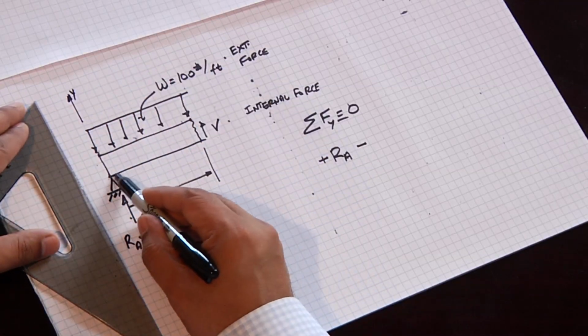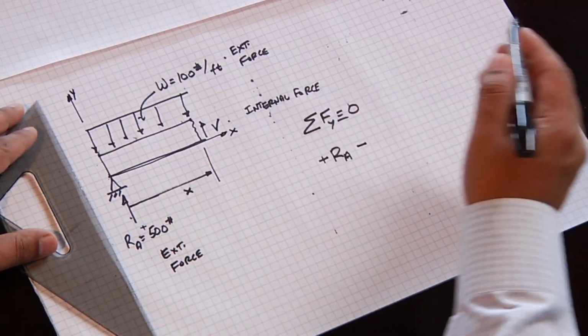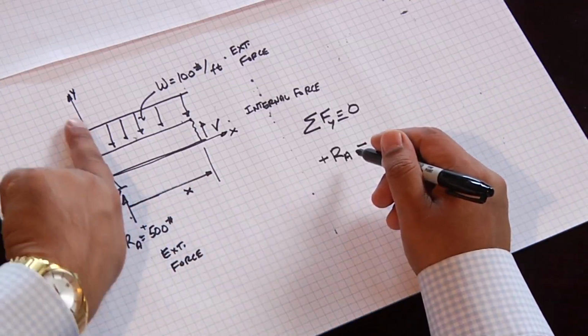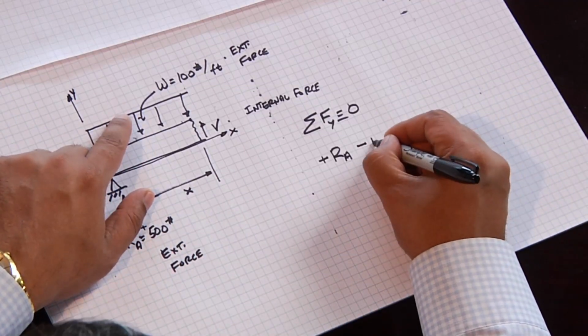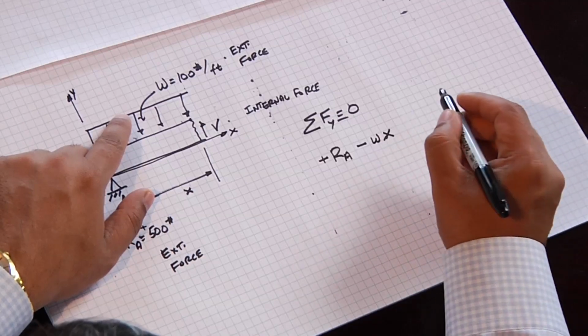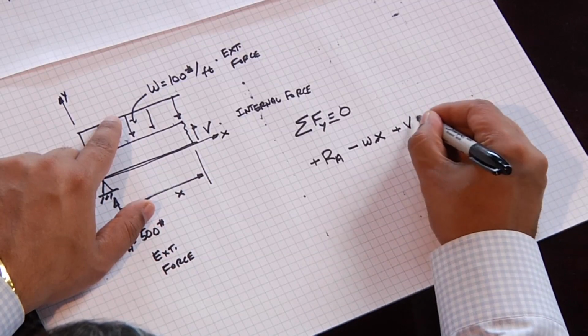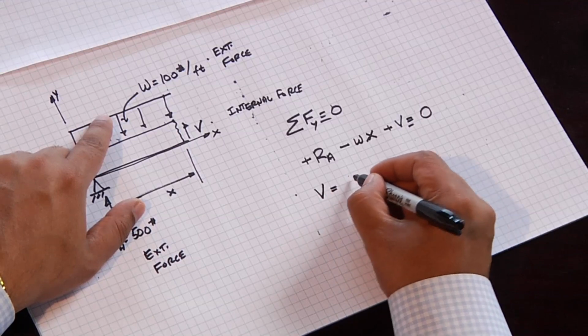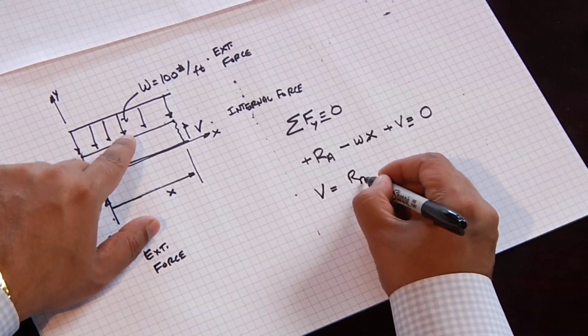This is y, and this is x. So we have plus RA, because this force is going up, minus W times x, and then plus V equals 0. So V is equal to... For right now, I'll keep the sign convention.